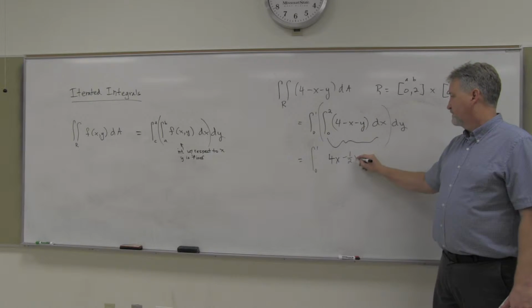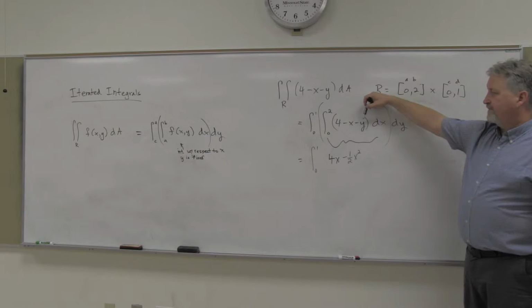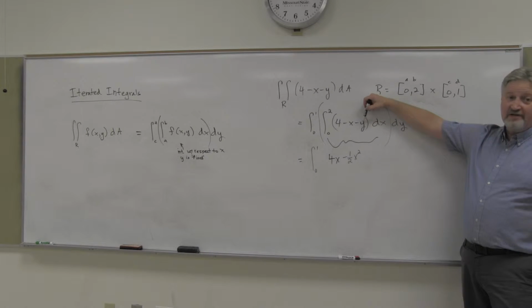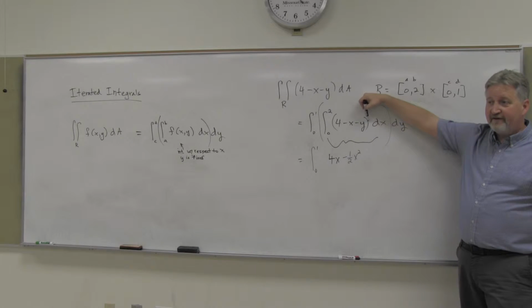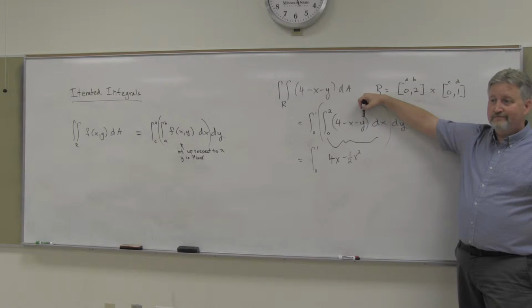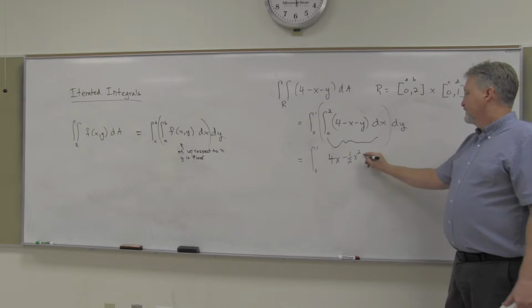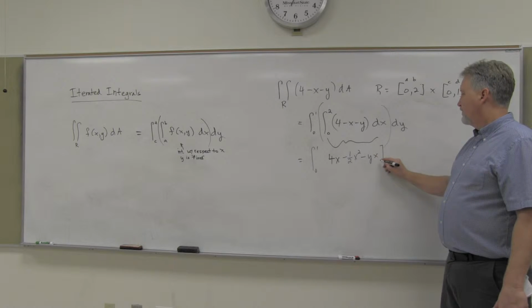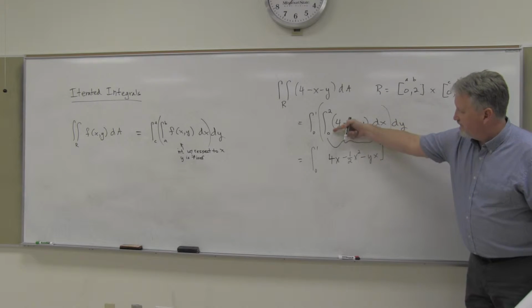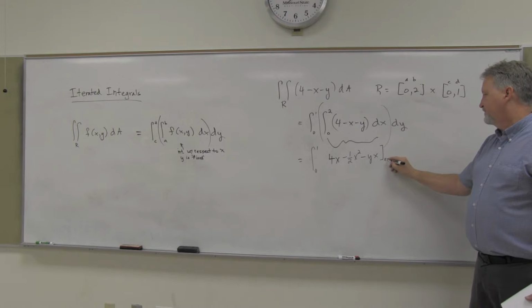minus, and then what about this y? Well, it's fixed, just like the 4 was. So what would be the antiderivative with respect to x of that? It's yx, right? And that's running from x is 0 to x is 2.